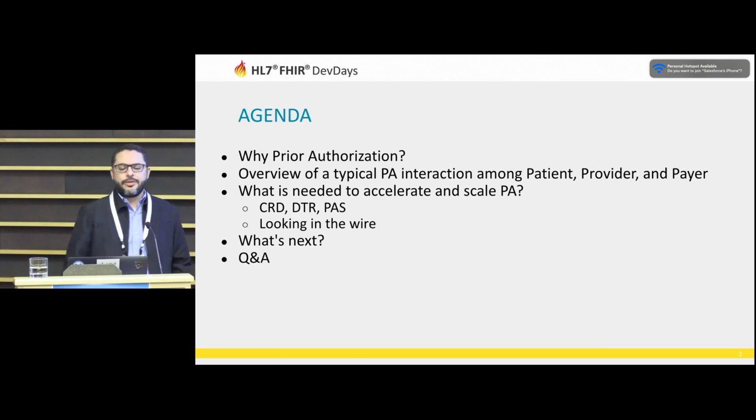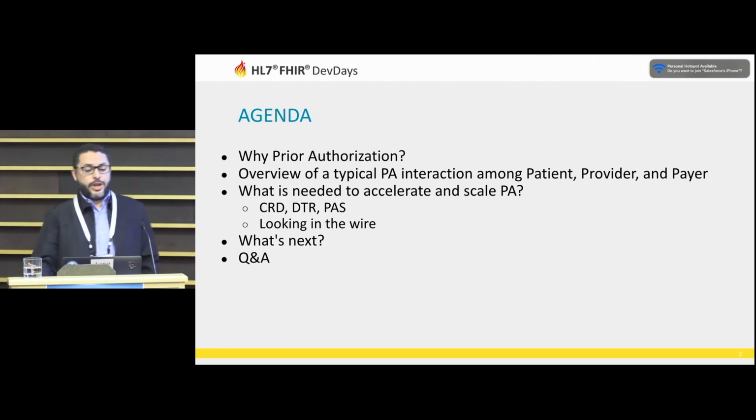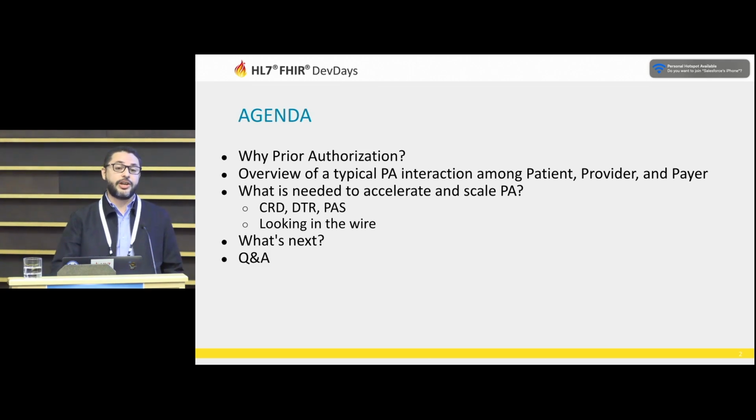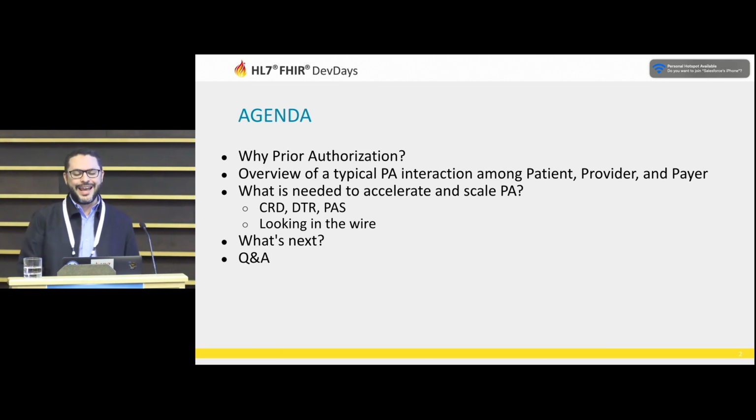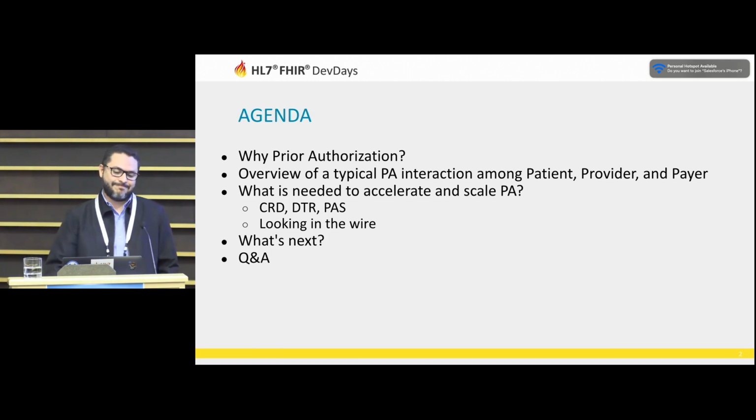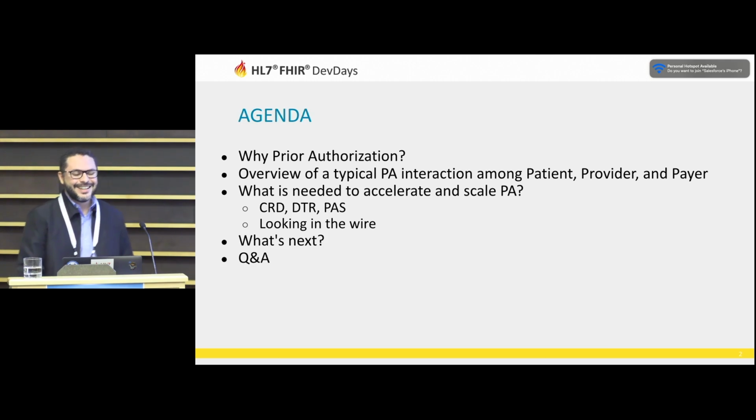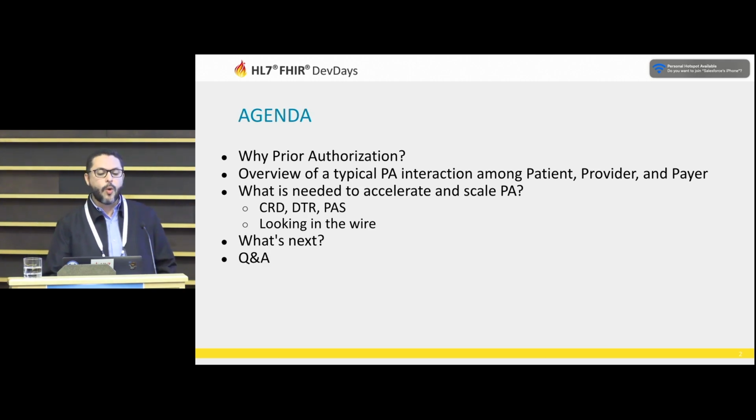So prior authorization, prior auth, pre-auth, PA, it's all the same, right? If you're here, chances are you already know what PA is, but hopefully you've never had to personally experience it, because I think nobody deserves that. So today I'll give you a summary of what PA is and what the common challenges are, some of the whys.